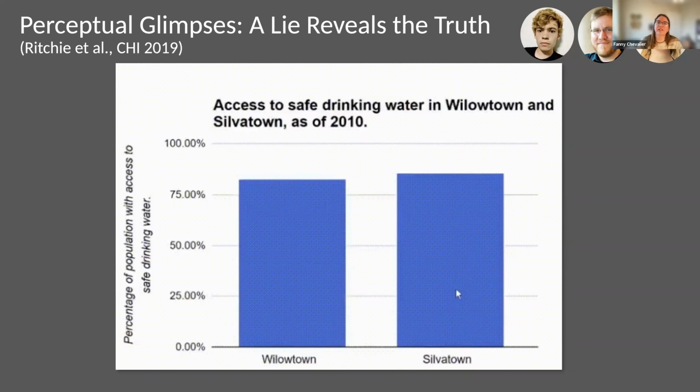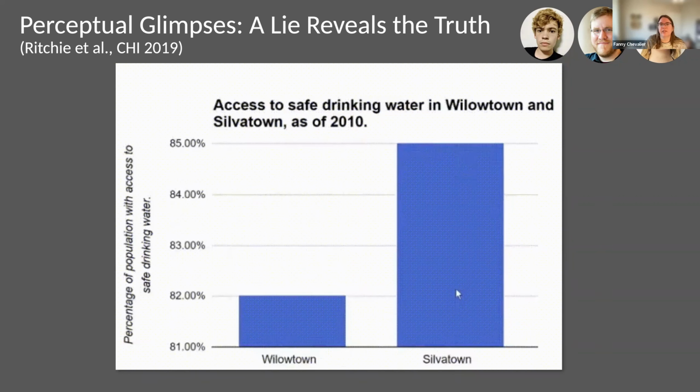Informed by cognitive psychology science, we thought that showing the non-truncated view first, the overview first, would help mitigate the exaggeration of the difference that truncated views typically cause in viewers.